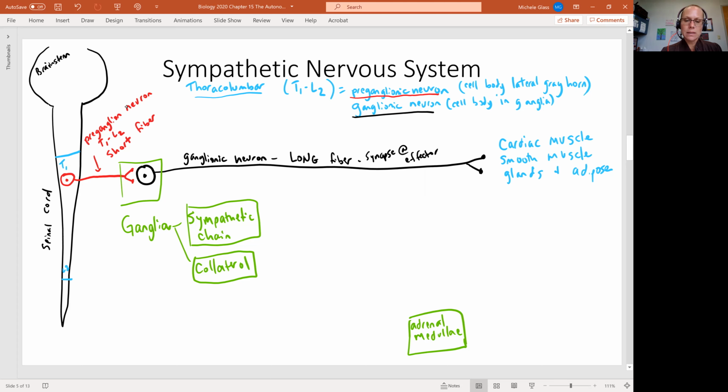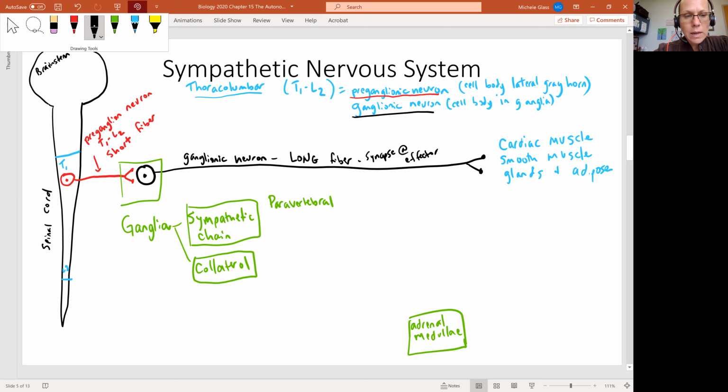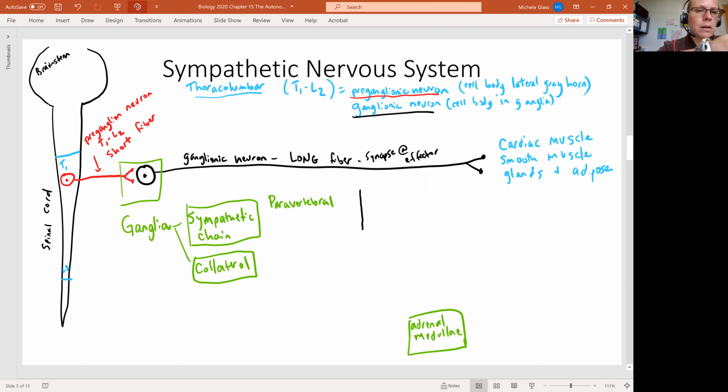When we talk about the sympathetic chain, we can classify it as also being paravertebral, which means around the spinal cord. What we're going to see happening, I'm going to draw just a vertical line to represent my brainstem and my spinal cord.